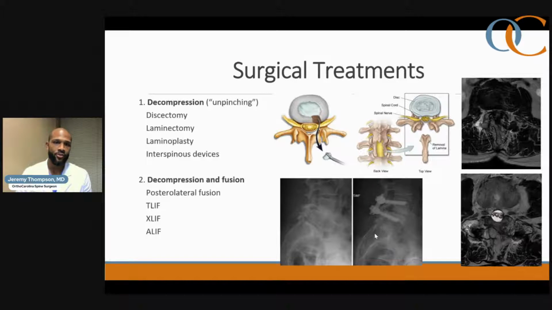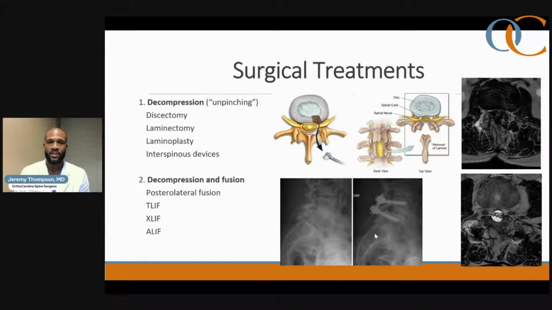Now, what does surgery entail? Well, there's many, many options, and it really depends on the type of stenosis and the type of symptoms that you have. There's an unpinching or a decompression only type of procedure where we unpinch the nerves, but we don't do a fusion. And then there's the unpinching with the fusion, and it really depends on what kind of condition your spine's in and where the tightness is.